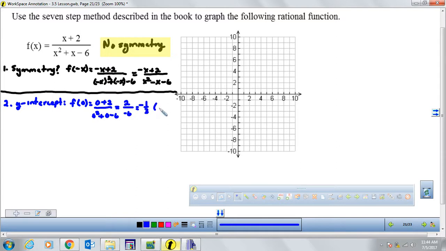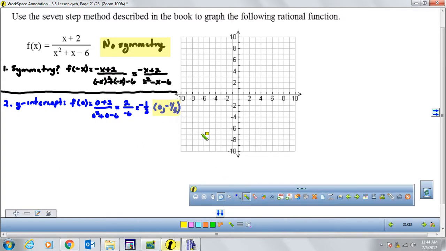So my y-intercept is (0, -1/3), or -0.33333. So that means that it's going to cross the y-axis right over here, somewhere in this little region. Okay. Now, number 3.